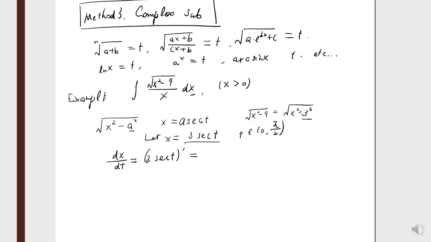And we understand from the basic derivative table that the derivative of sec t becomes sec t tan t, right? And then we have a constant 3 on the left.